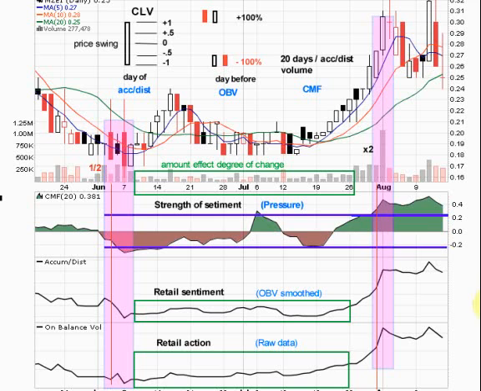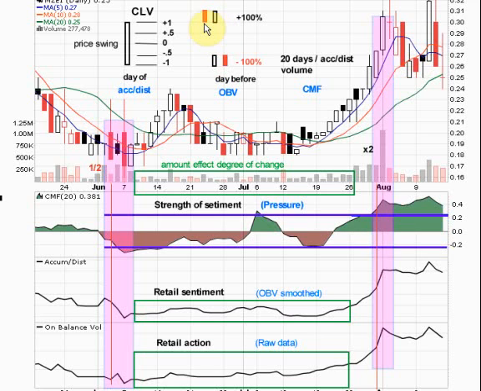As you can see down here, I have the on balance volume, which is the first indicator designed. Basically, all that shows is retail action. It's raw data, and that's what I'm going to be pointing out up here in this area. The way it calculates a point on the graph is the daily price.